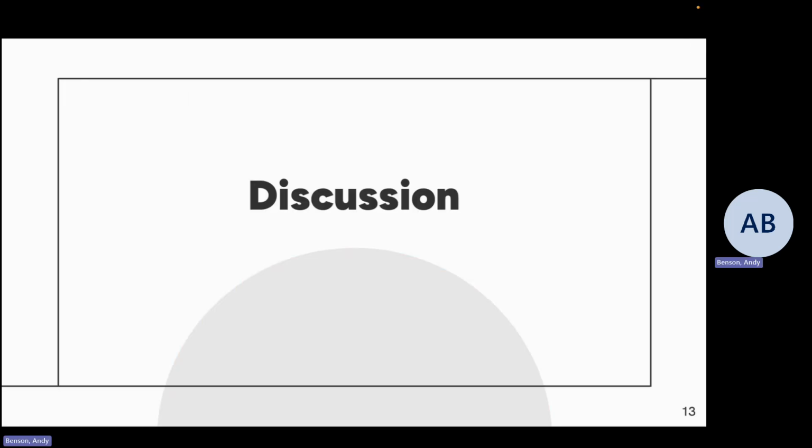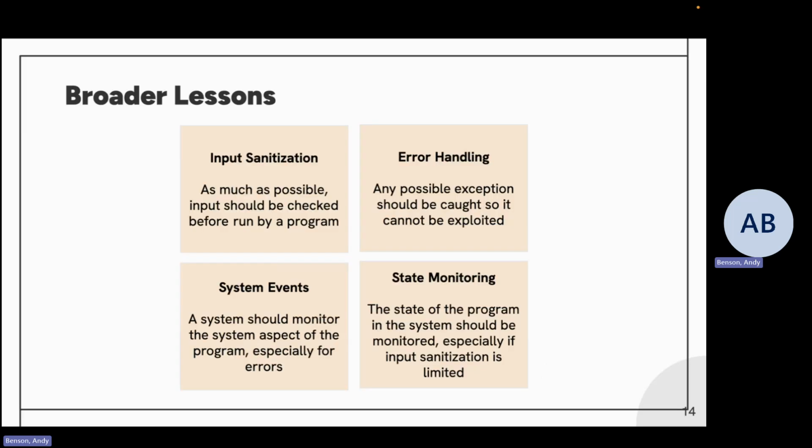All right, so now on to the discussion. What are the broader lessons that we could take from this? The first one, and the most basic thing that you can do, is input sanitization. As much as possible, you should always check your inputs before you run them within any program.